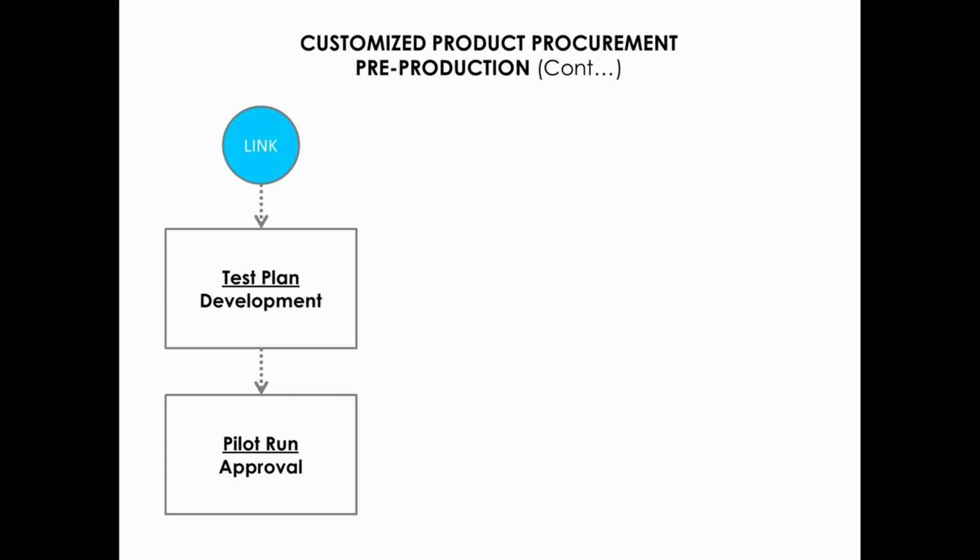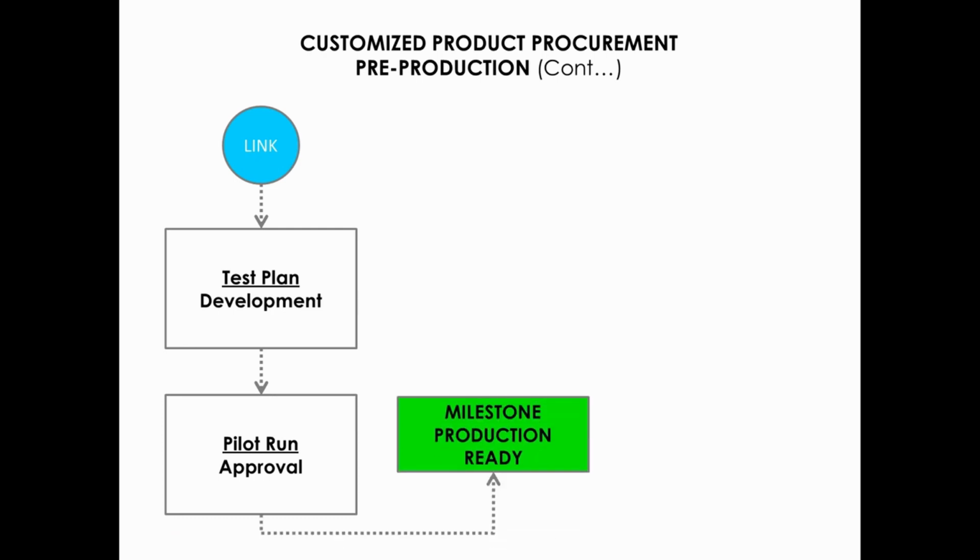A trial run may involve a number of different runs with iterative improvements between each of those runs, which ultimately results in the process being signed off as production ready. This will be your milestone in your project plan for production ready state. You can now move into the production phase.